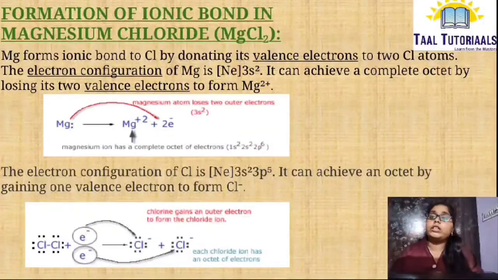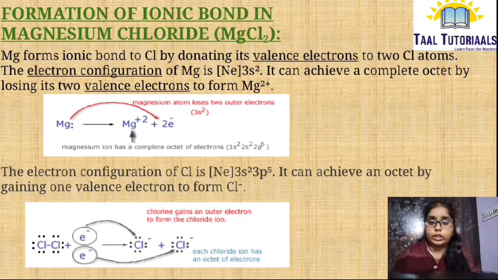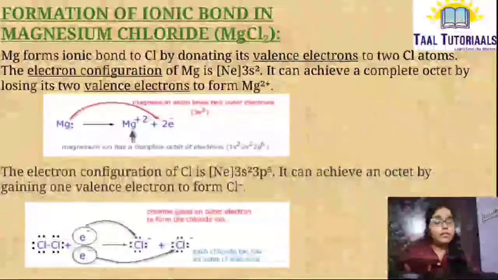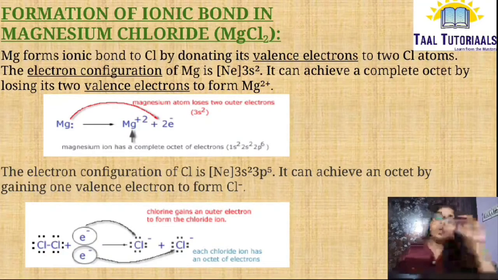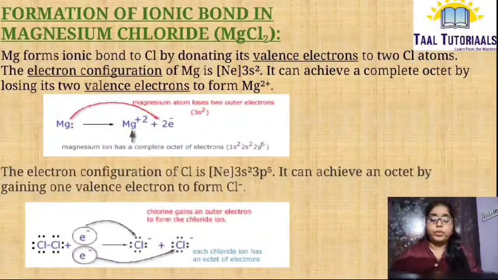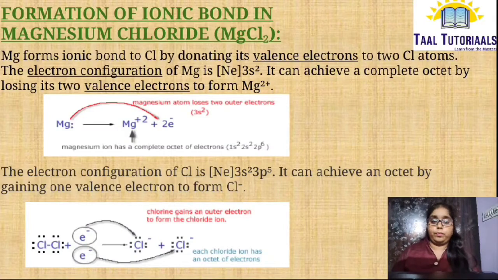Now if you take the electronic configuration of chlorine, they have what? 7 valence electrons and they need only 1 electron. See, magnesium is having 2 electrons, so those have to be transferred to chlorine. So it gives 1 electron to 1 chlorine atom and 1 more electron to 1 more chlorine atom, so that there is a stable electronic configuration for both magnesium and chlorine.